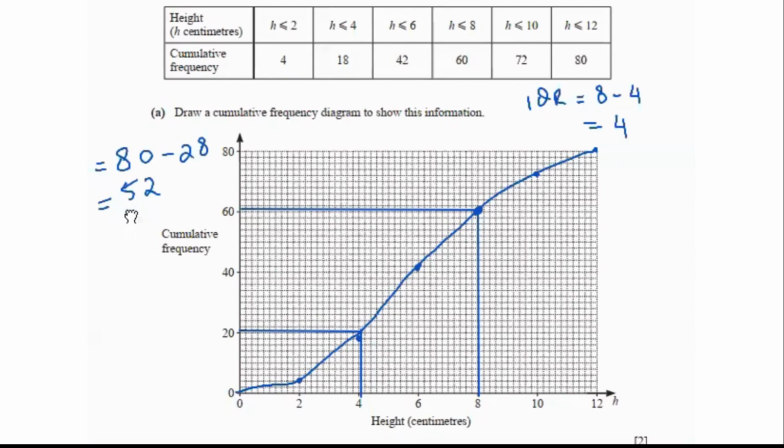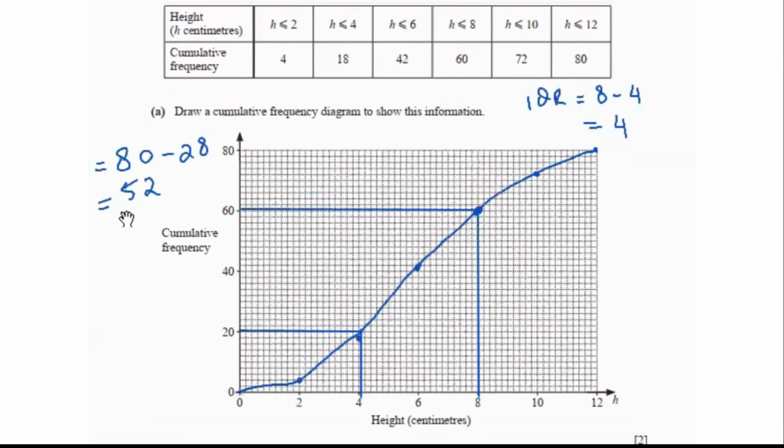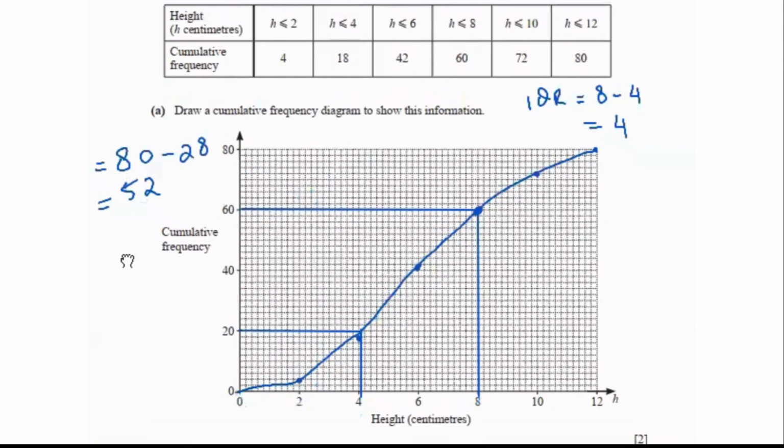One second. 52 is going to be, this is 40, 42, 44, 46. I think 50 is going to be over here. This is going to be 52.